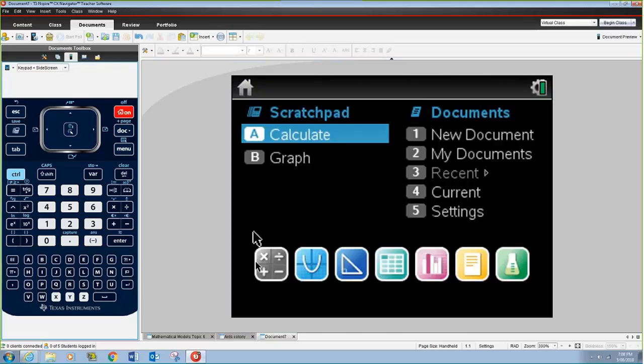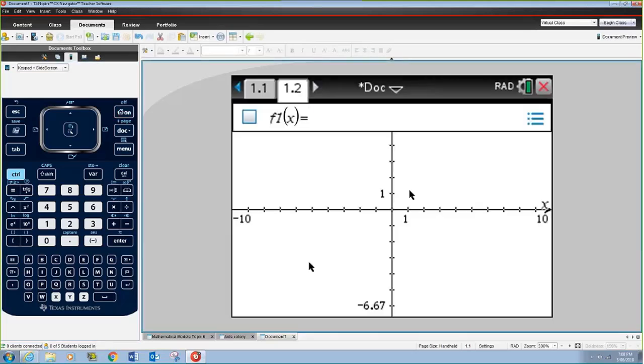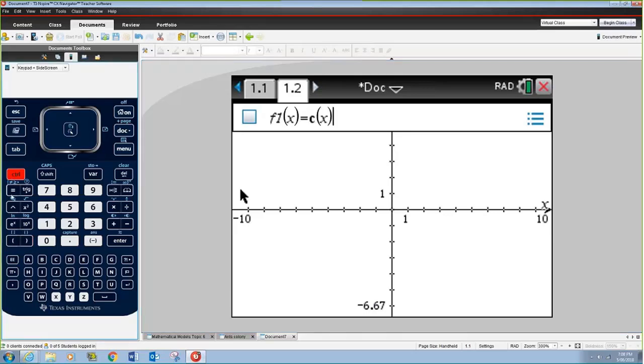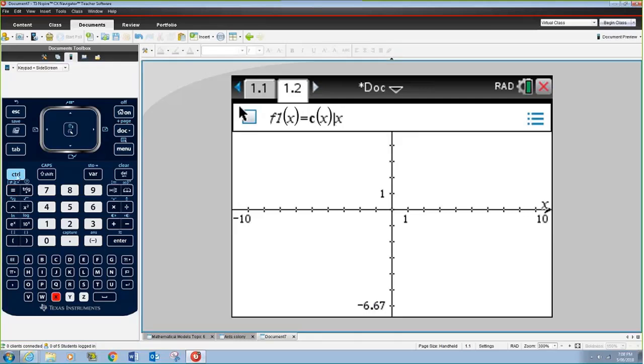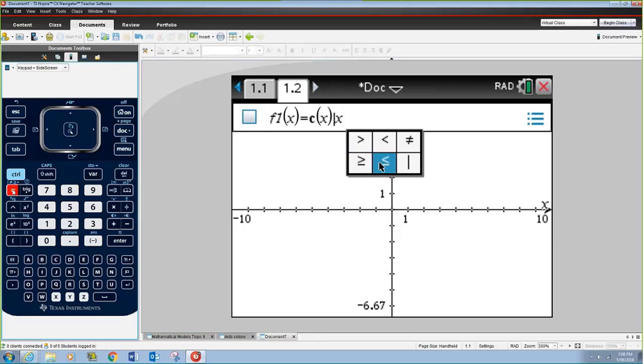So if we add graph, and we already defined those functions, so we can say C(X), we might restrict the domain here as a good habit, because of course it only really makes sense when X is greater or equal to 0.